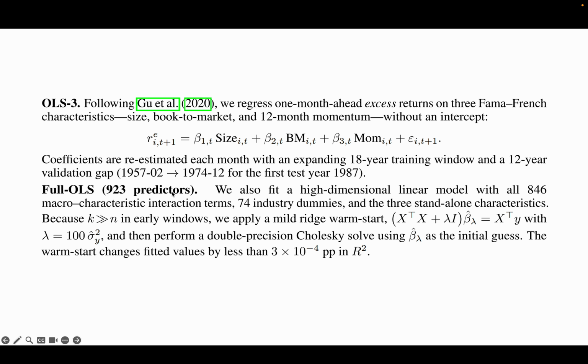Here we add all the 923 predictors, including the 860 macro interactions and 74 industry dummies, plus the same 3 traits. This gives high flexibility but a risk of overfit.